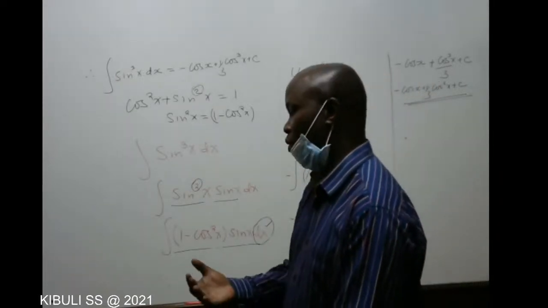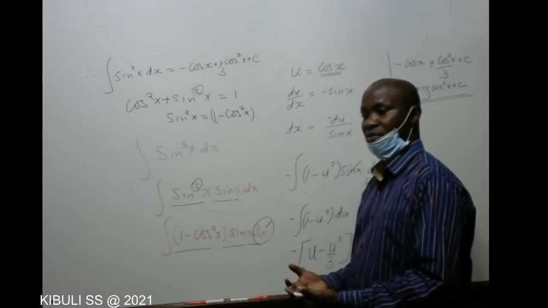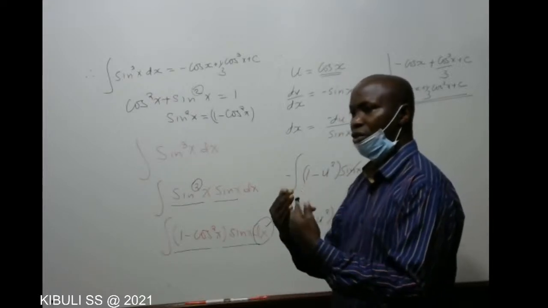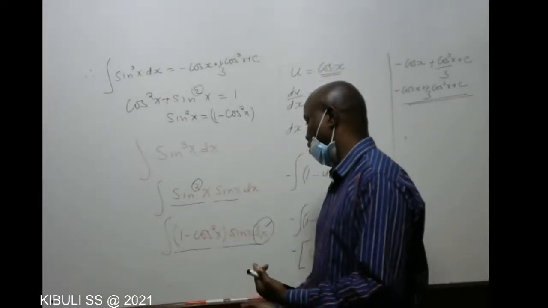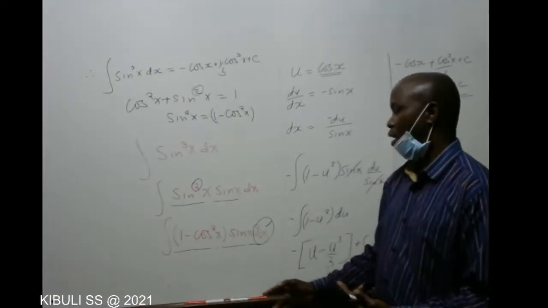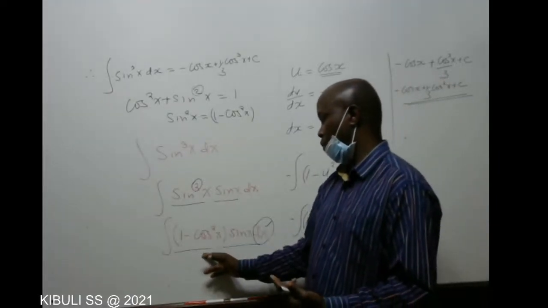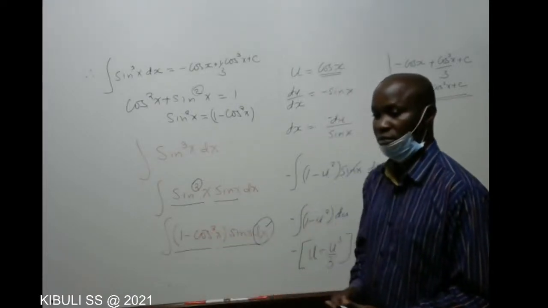So this one becomes a derivative because it has the least power. Our cos becomes a function because it has the highest power.